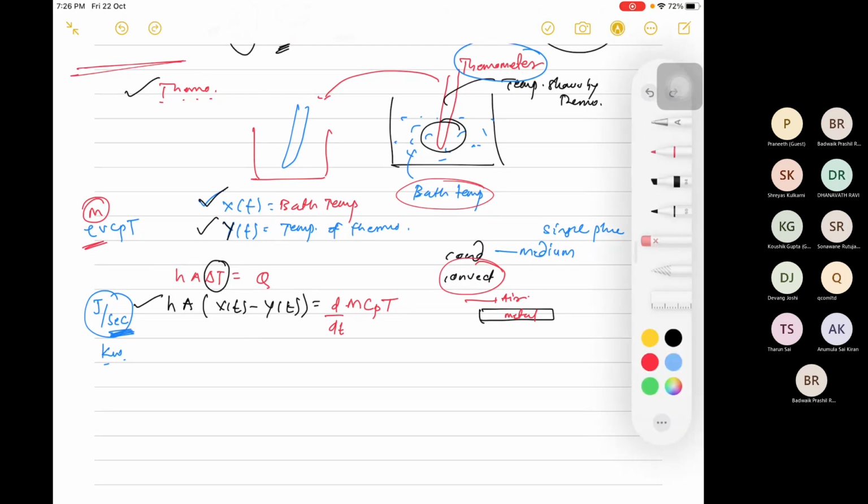Anyone? Thermometer, sir. Why thermometer? Because you are seeing the dynamics in thermometer temperature, or temperature shown by thermometer, you can say. So this T should be, I'll write first T here. Okay.